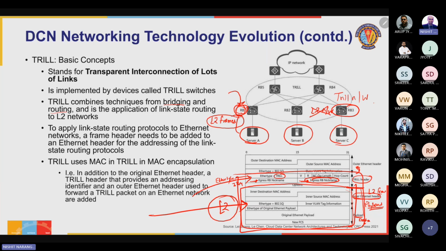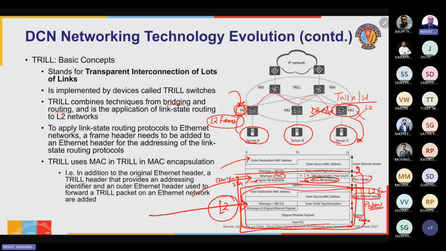So when it gets forwarded, this Trill network also runs on top of a layer 2 protocol. It's a complete protocol stack. So it will once again get into an outer Ethernet header and get switched and routed through this network to reach RB3, from where the decapsulation will happen and this original L2 frame will go to the server.